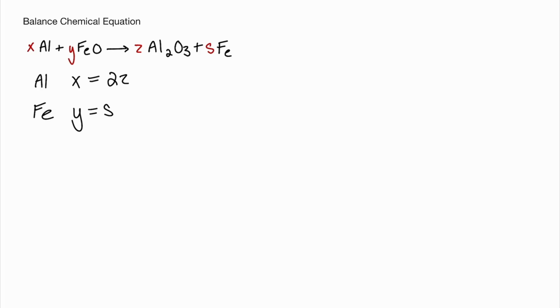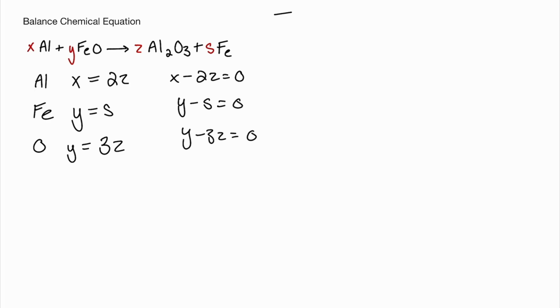Next for oxygen, we'll have y because there's only 1, and on the right side, we can see we have 3, so that'll be 3z. Now we can rewrite this as x minus 2z equals 0, y minus s equals 0, and y minus 3z equals 0.